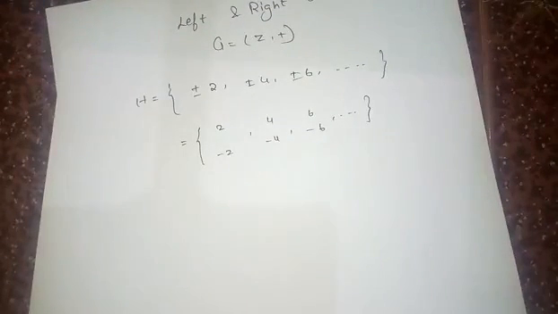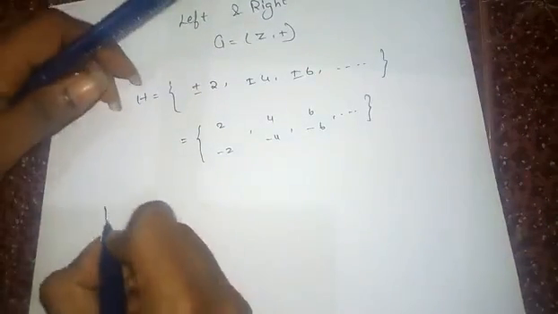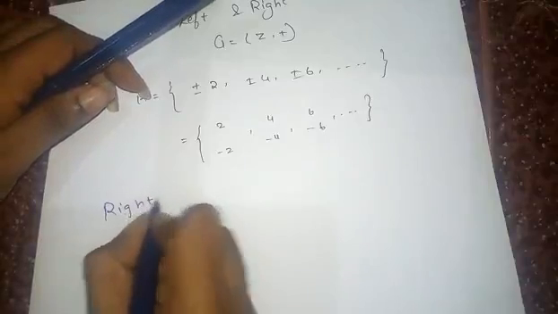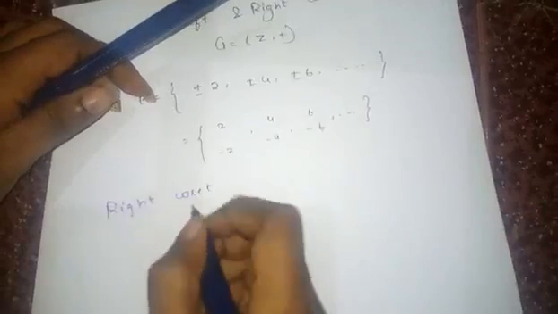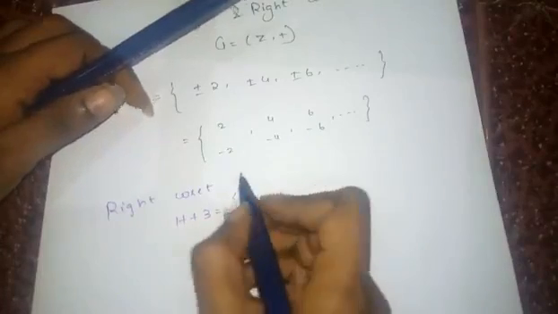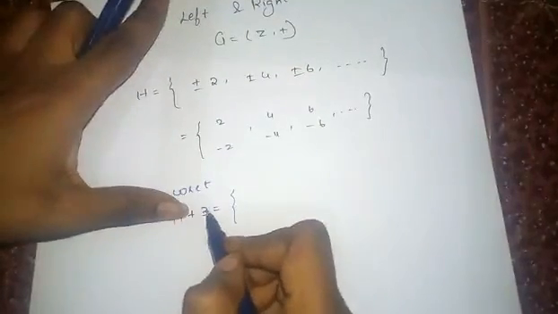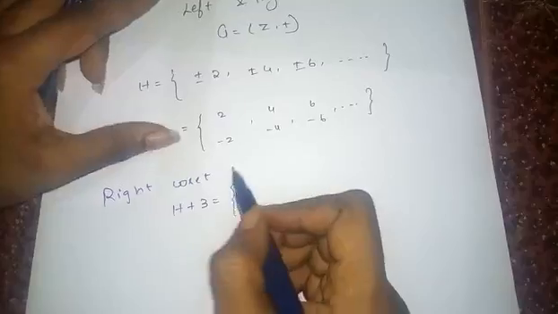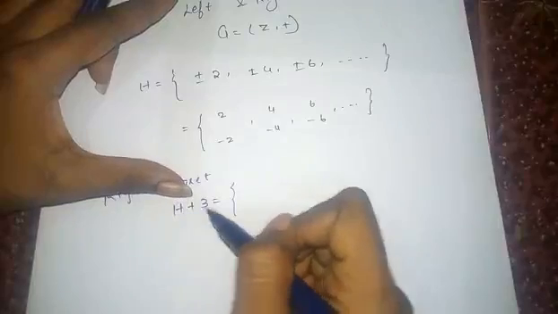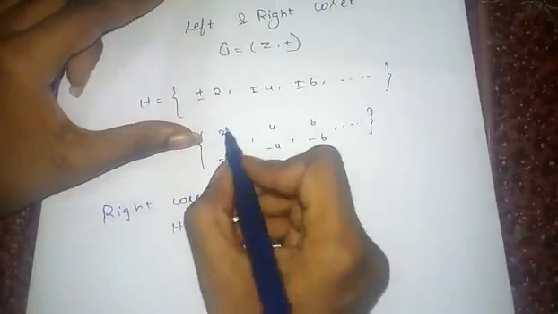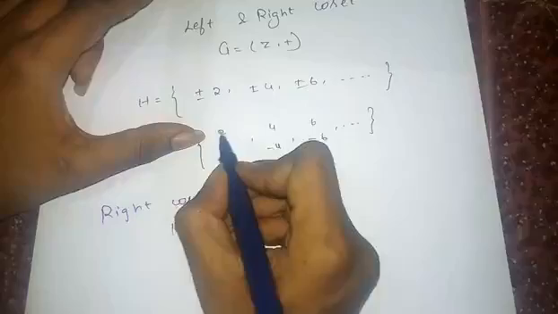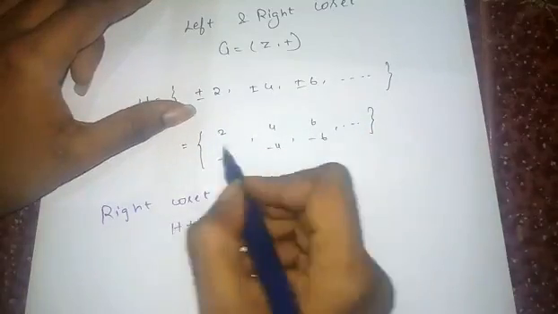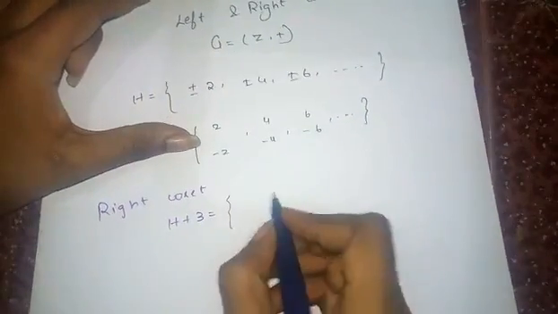Now first we will find the right coset of it. I'll add H plus 3. When I add H and 3, I'll add 3 in the first row and also in the second row.